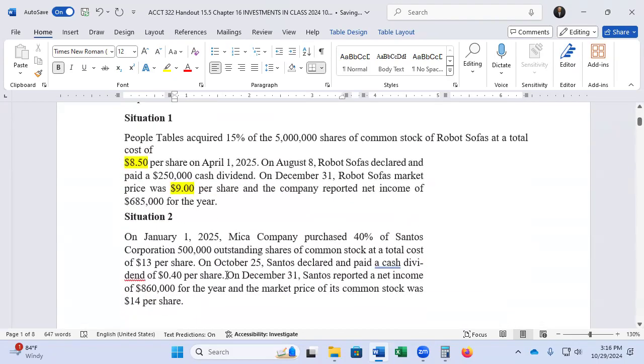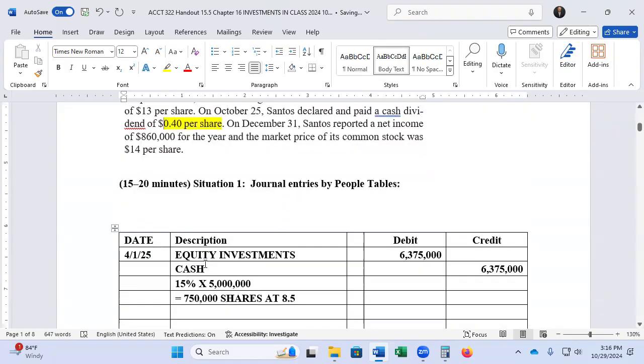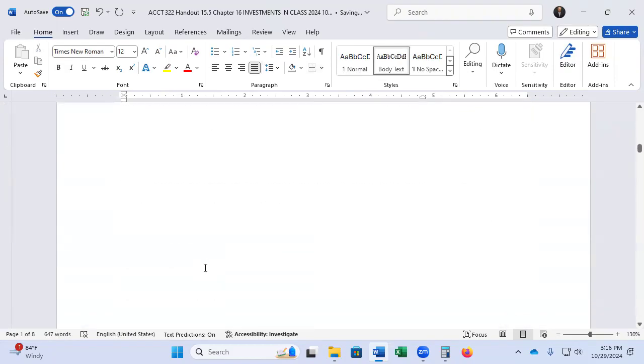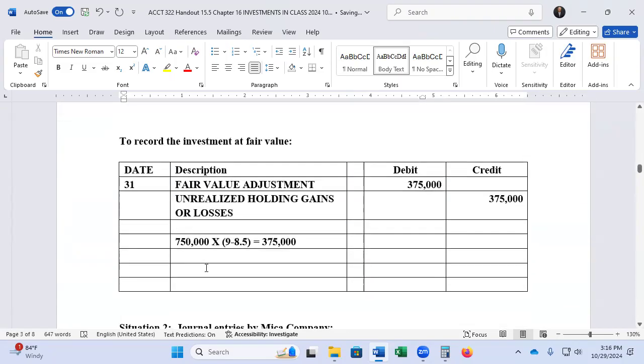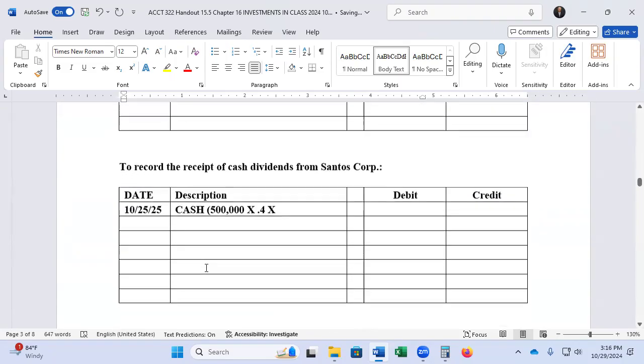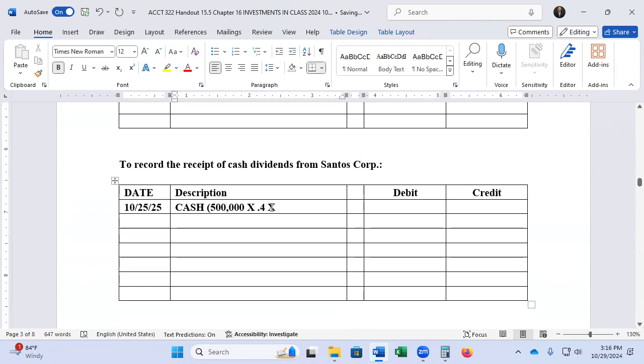And they said that they paid 40 cents per share. So we multiply that by 0.4 again. And we end up with 80,000.